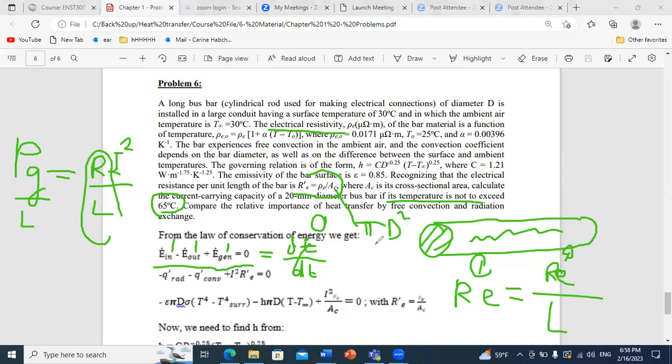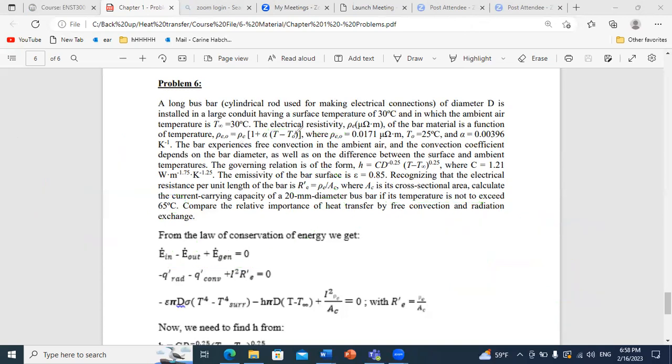And we can calculate rho E, the electrical resistivity, from this formula. So all we have to do is the following. We just apply it, okay? Rho E0 is given, we replace it. T, the temperature here, they told us represents the temperature of the bar material.